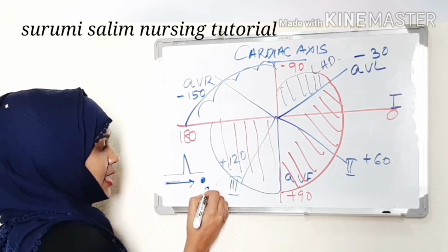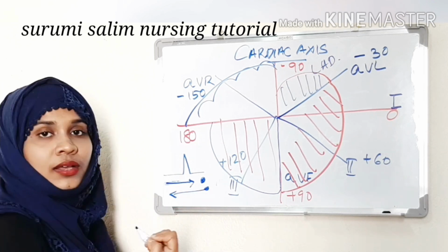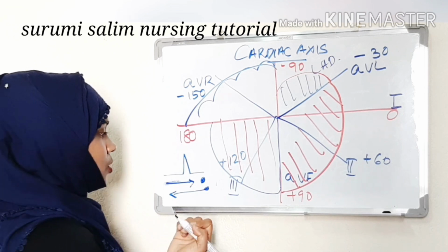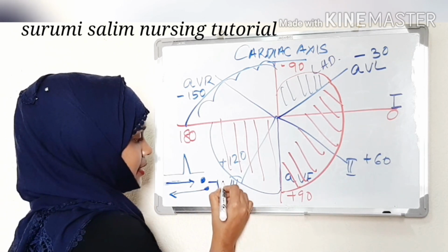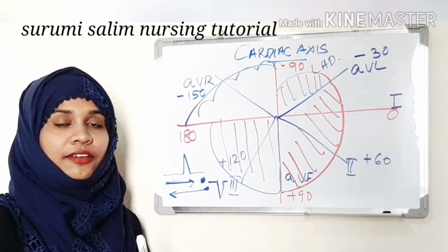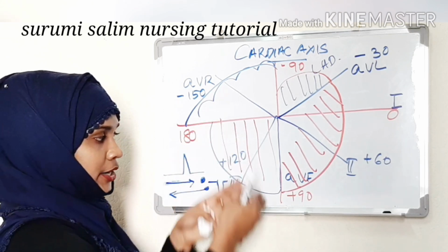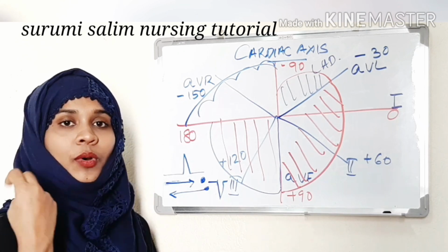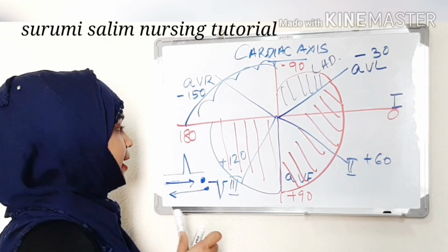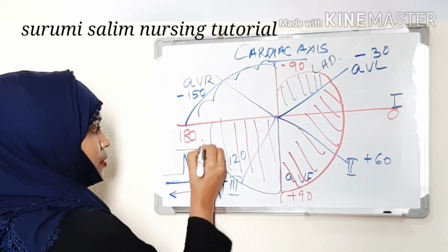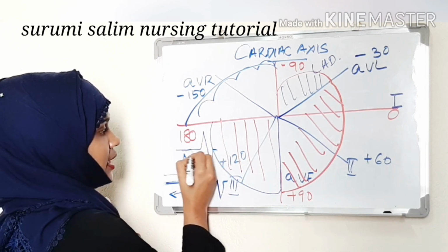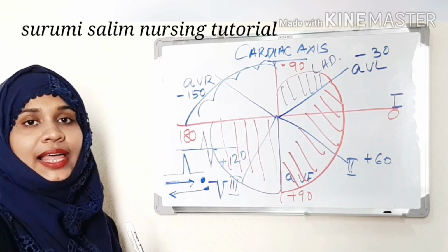And if it travels away from the pole, that is called negative deflection. And if an electrical activity travels perpendicularly, it gives both deflections, positive and negative, with the same amplitude in the isoelectric line.